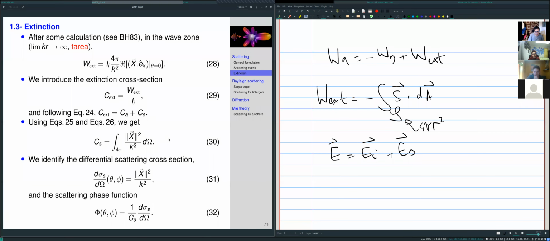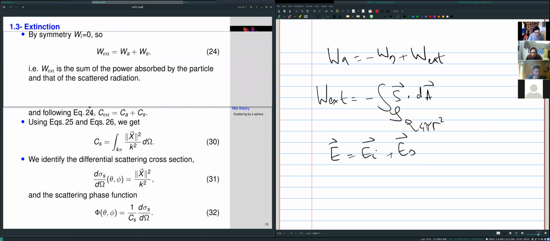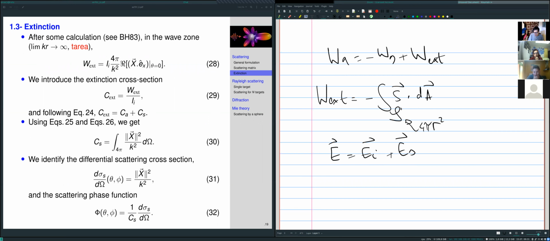They allow you to calculate the cross section corresponding to WS. So WS is just the scattered part. It's the same integral here on the right, but using only the scattered electric and magnetic fields.